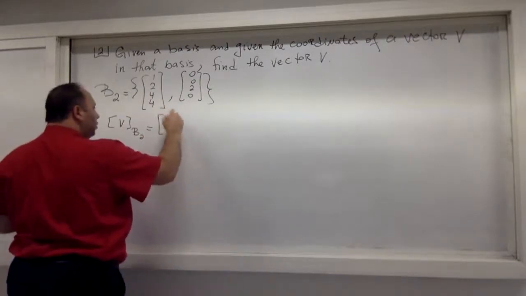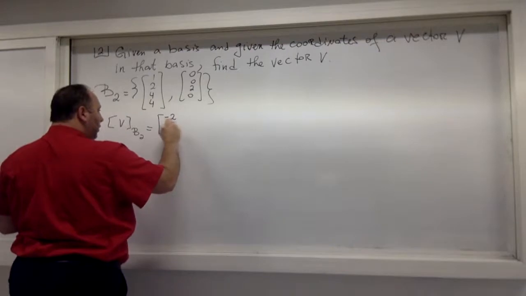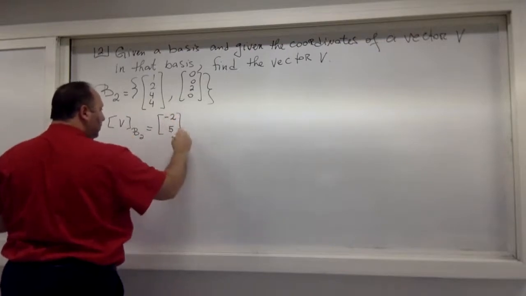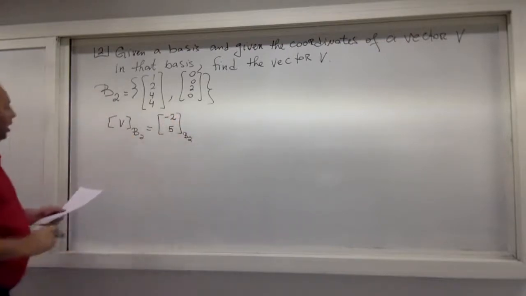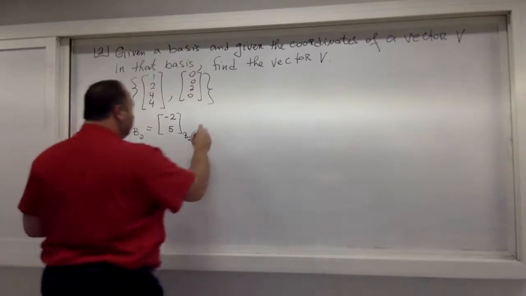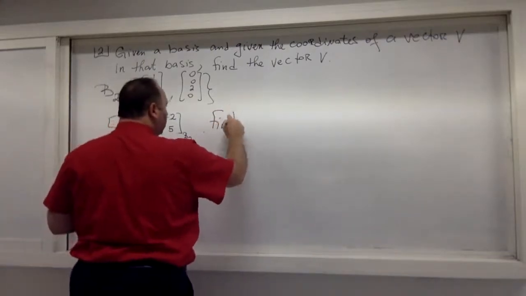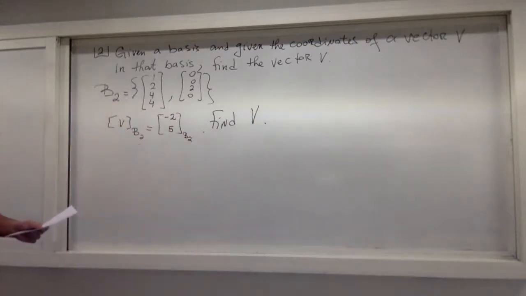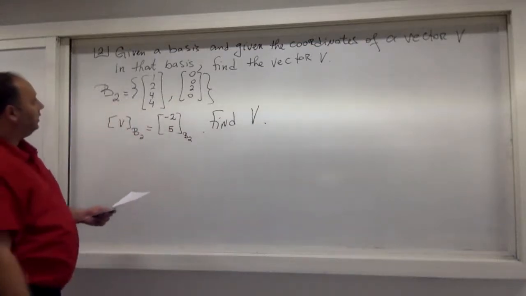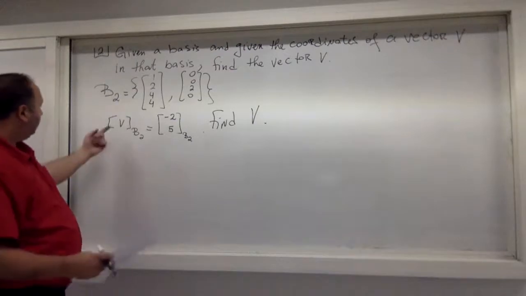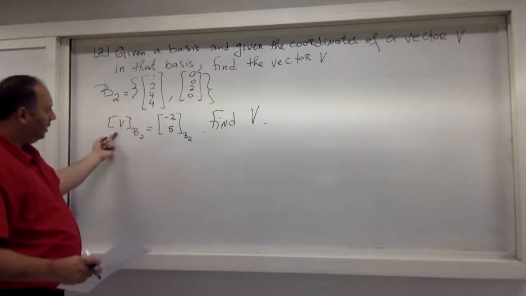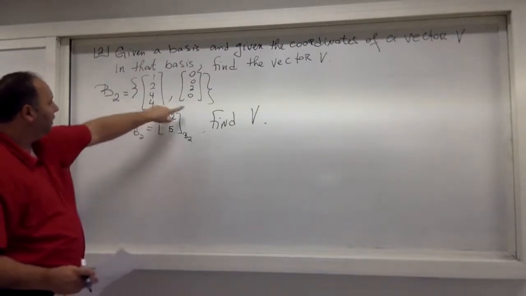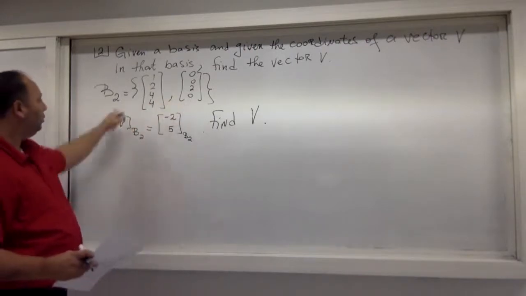Let's say it is -2 and let's say 5 for the other one. So the question is, what's v? Well, all you need to do is think for 2 seconds, and this says the coordinates of v are -2 and 5 in this basis B1, B2.